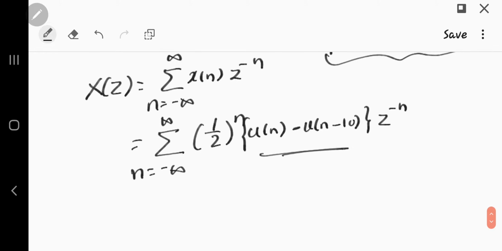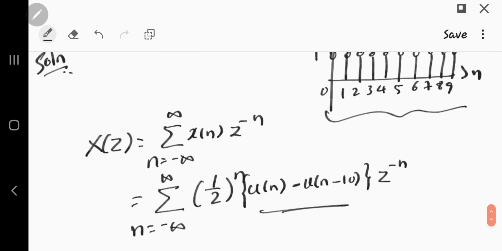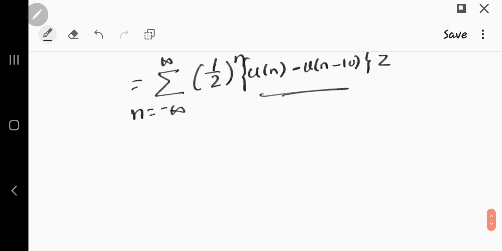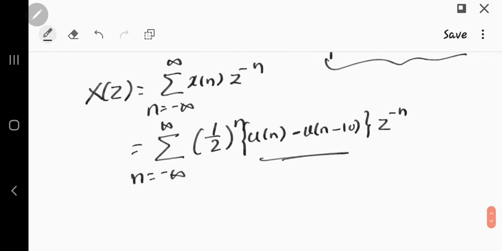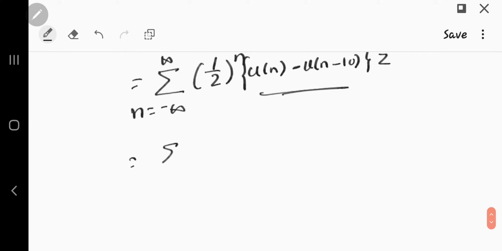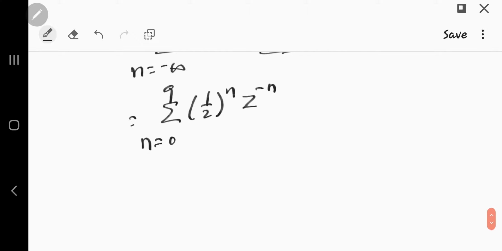Now this signal is existing only from 0 to 9. So therefore from 0 to 9 its value is 1. So our limit will be from n is equal to 0 to 9, 1 by 2 to the power of n z to the power of minus n.